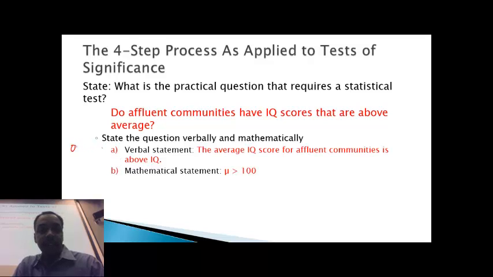This is optional, or redundant, if you will. So that's the question: do affluent communities have IQ scores that are above average? Yes or no, right? And so I'm basically saying here that mu is bigger than 100.